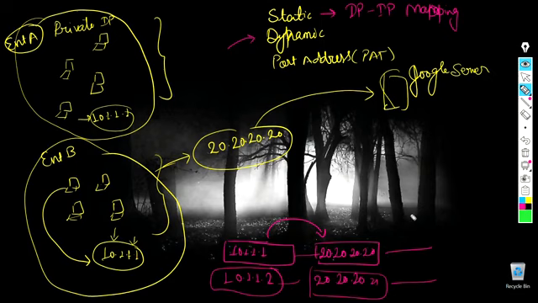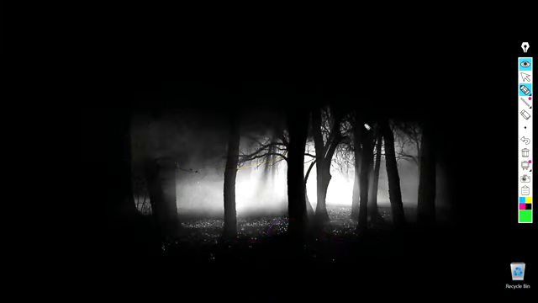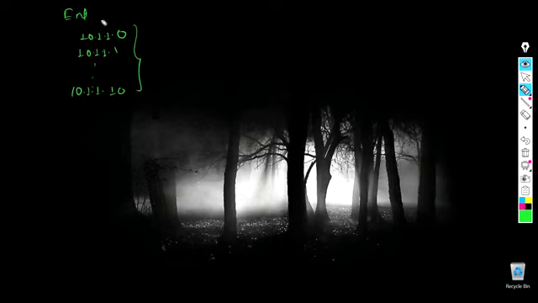Let us suppose we have 10 users, from 10.1.1.1 continuously to 10.1.1.10. So these are 10 members of one enterprise. Enterprise means we have one company, right? So enterprise A is having 10 computers, and they want to go to the internet.